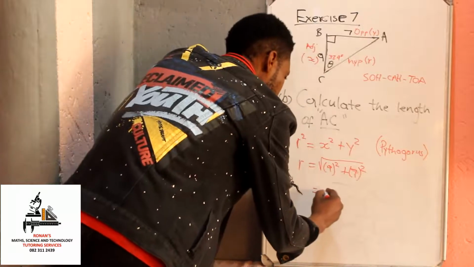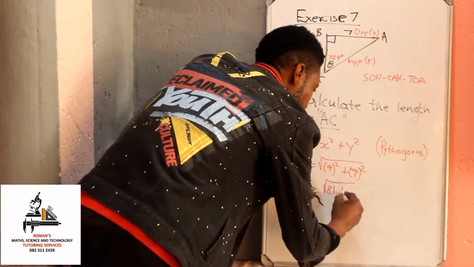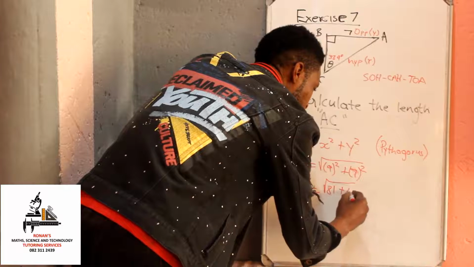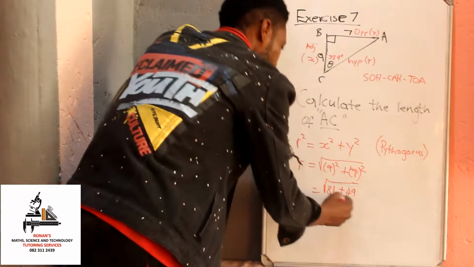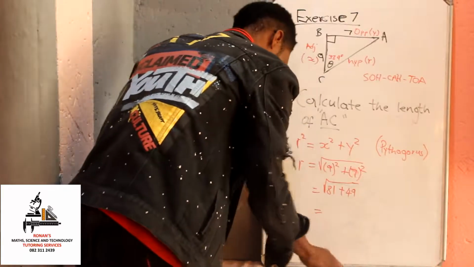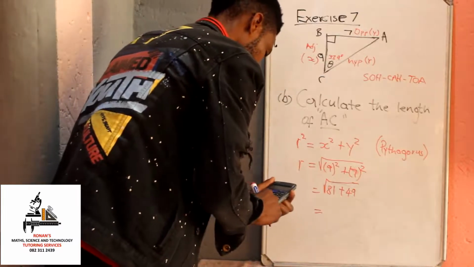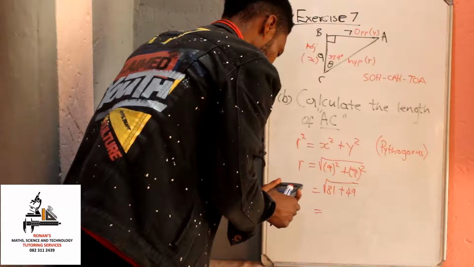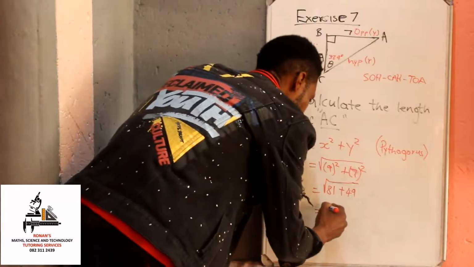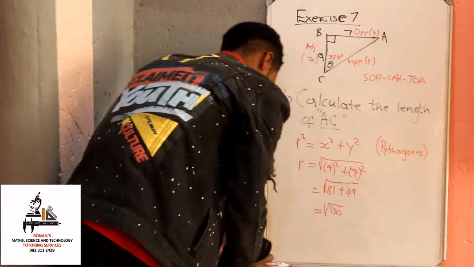That's 9 times 9, it's 81, plus 7 times 7, 49. Okay, that's good. 81 plus 49 giving us 130, the square root of 130.